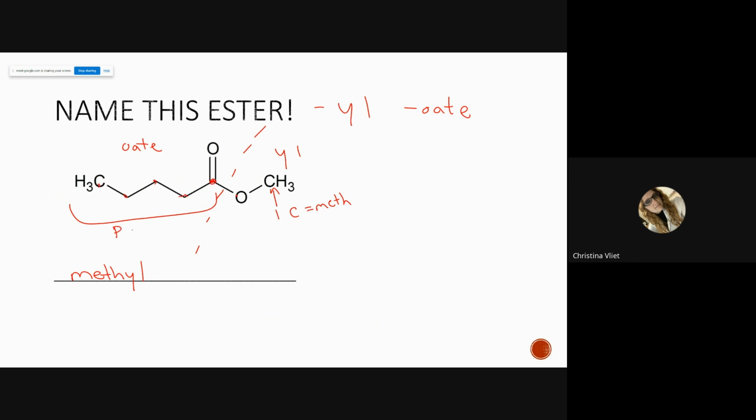So that would have been pentane, but you dropped the E and changed the ending to OH. So the name of this is methylpentanoate. Methylpentanoate.